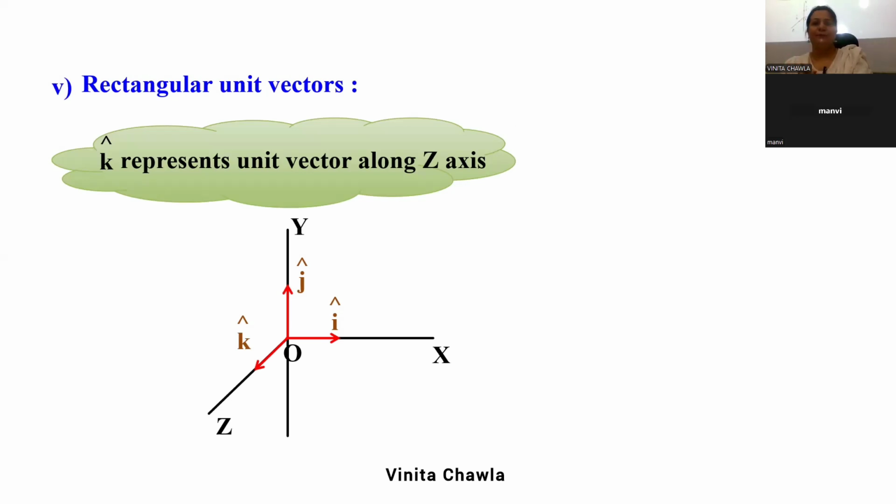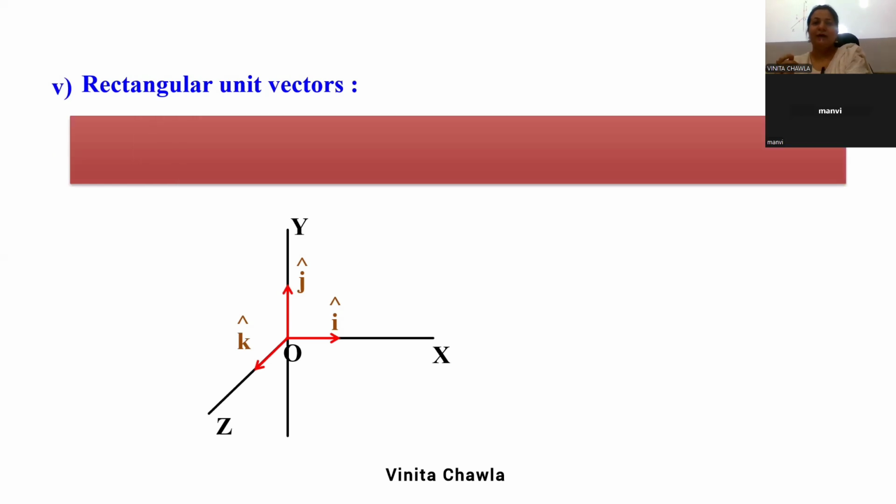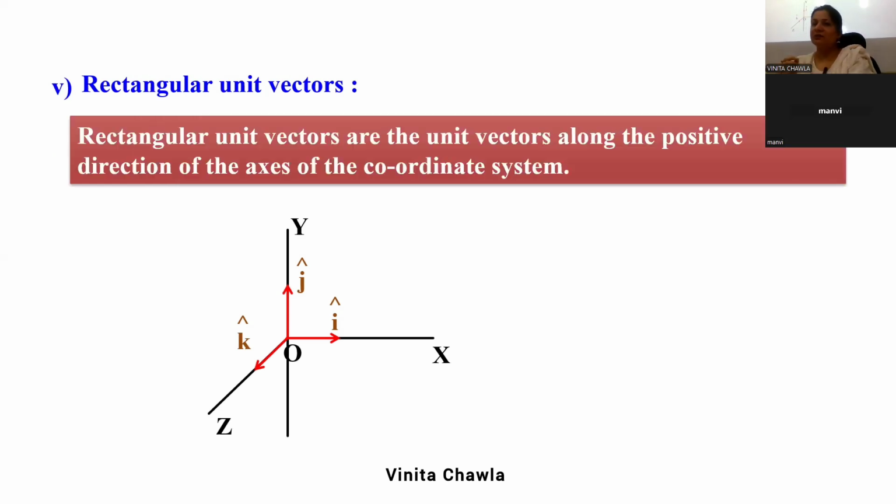We have considered these as rectangular unit vectors. So rectangular unit vectors are the unit vectors along the positive direction of the axes of the coordinate system. We are considering only the positive x-axis, positive y-axis, and positive z-axis here.